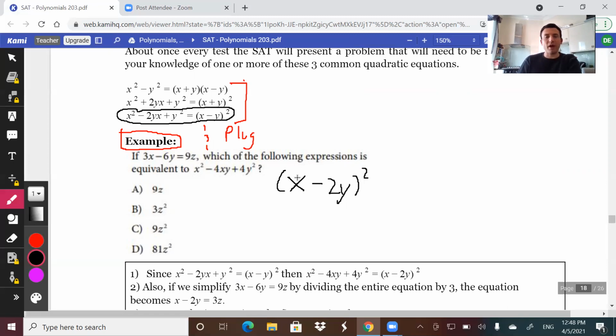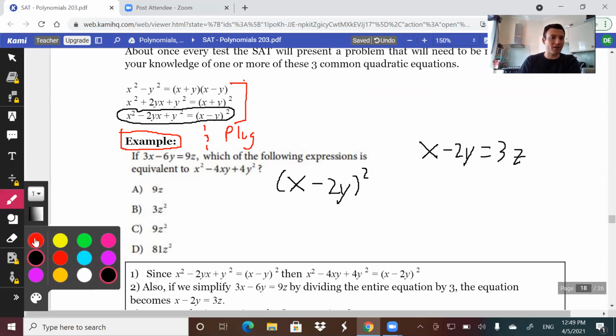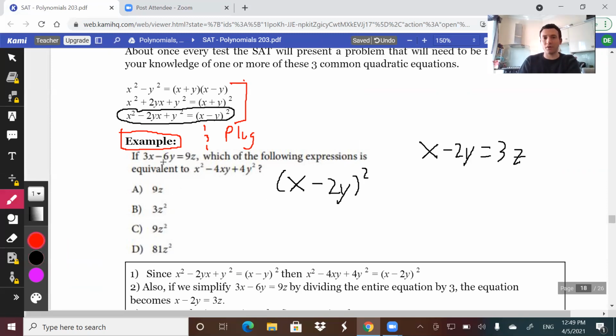Now, if we look at this top one and divide everything by 3, we'll have x minus 2y equals 3z. Now everything seems to line up perfectly. But again, it was entirely dependent on you recognizing those first 2 steps, really recognizing that this is a perfect square. But once we have that, this becomes really easy.